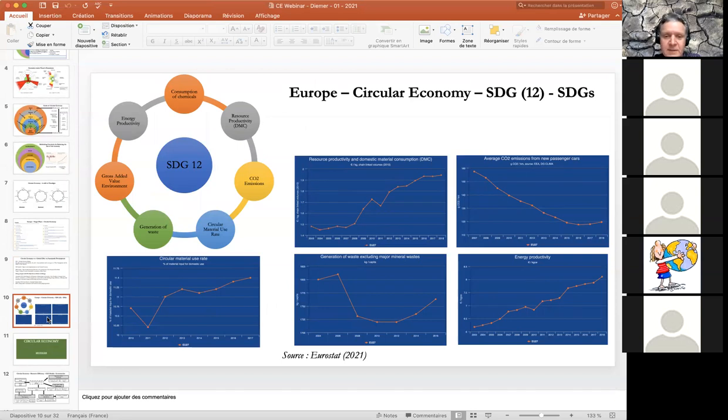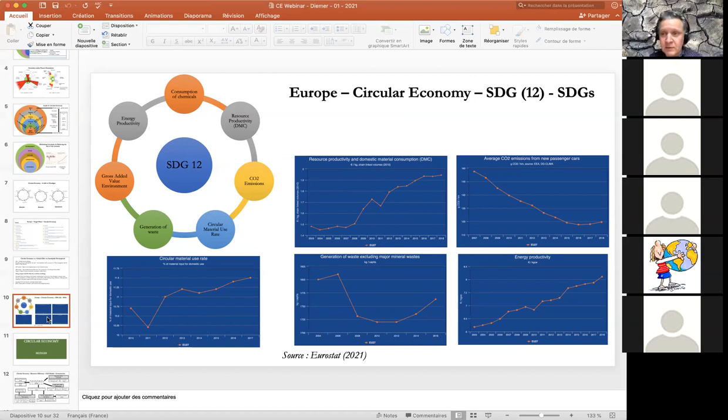So finally, if we try to reconnect everything that I was talking about a few minutes ago, we have to understand what the situation is today, and I will take the situation of Europe here, and what the focus is today on indicators. So it could be resource productivity, it could be CO2 emission, it could be energy productivity. I start to believe that energy is a big driver for security. And understand if a circular material use rate is relevant to engage the process to have this new economy.